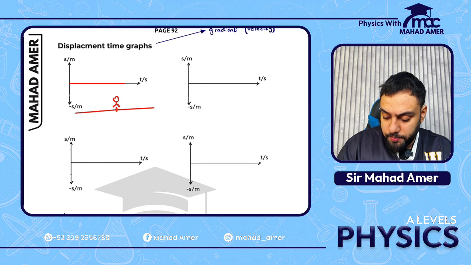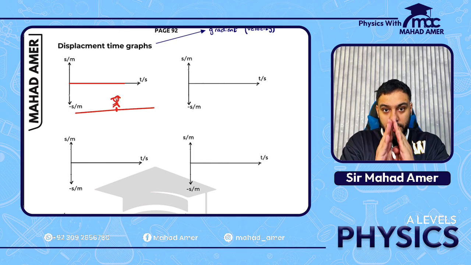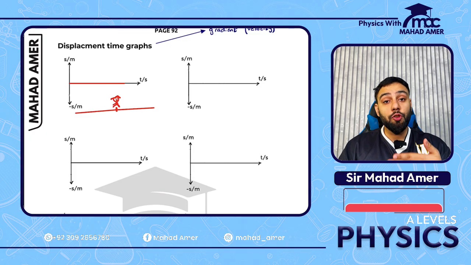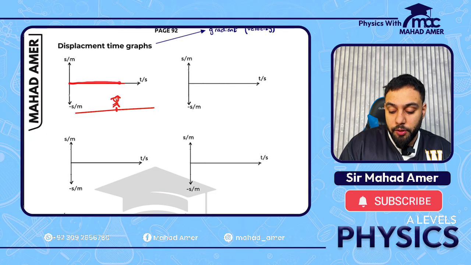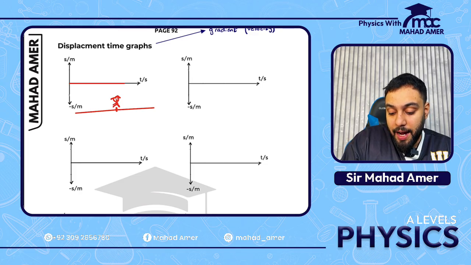Let's say this is you. If you're standing at the original starting point and you're not moving, that means you're not covering any displacement. So your graph is going to be like this. It's a rest graph at the starting point or original position, whatever suits you.